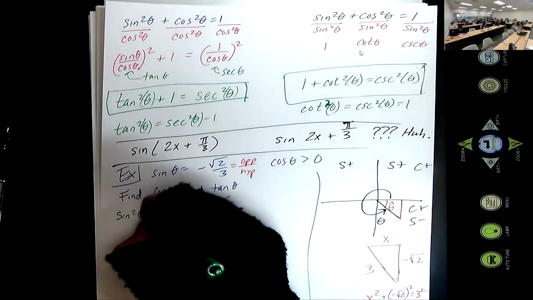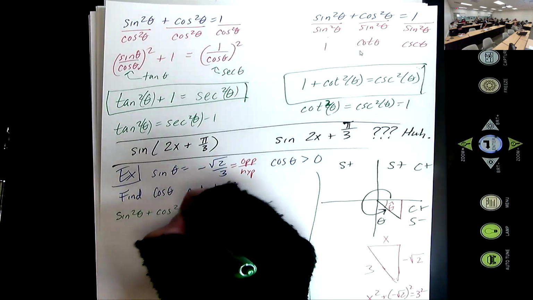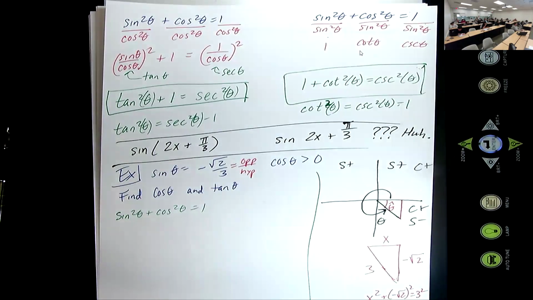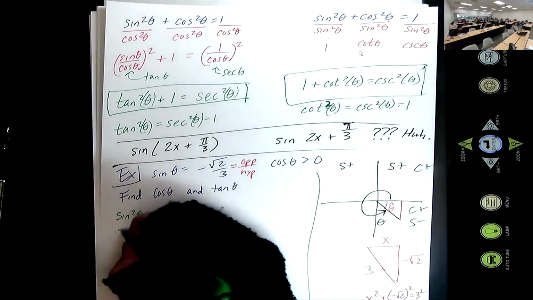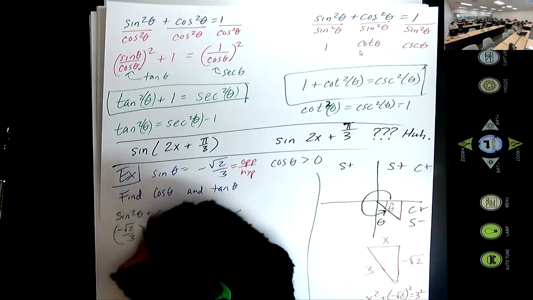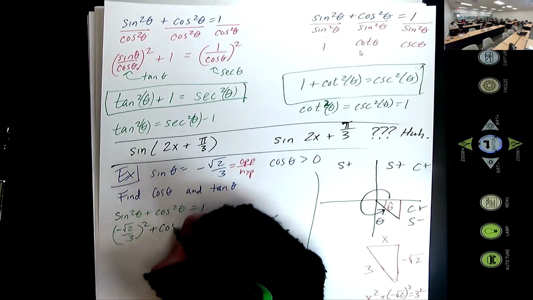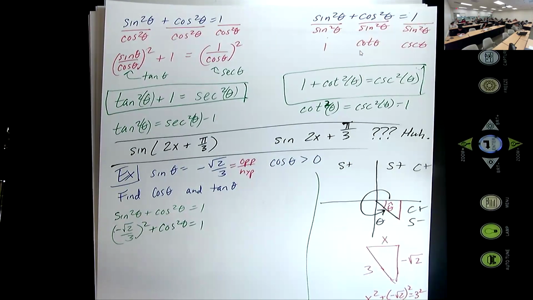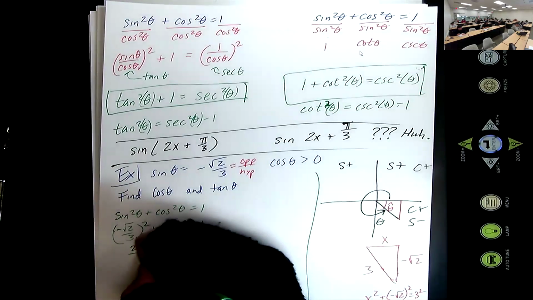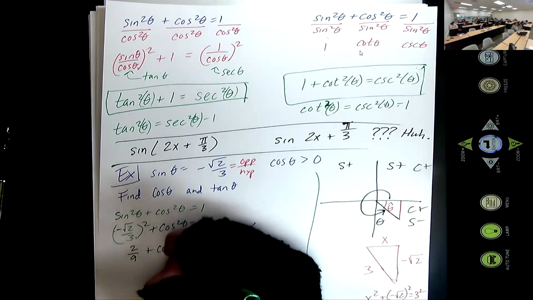The other option is using this formula here: sine squared theta plus cosine squared theta equals 1. I have sine theta is negative square root of 2 over 3. If I square that, plus cosine squared theta equals 1, this is 2 over 9 plus cosine squared theta.